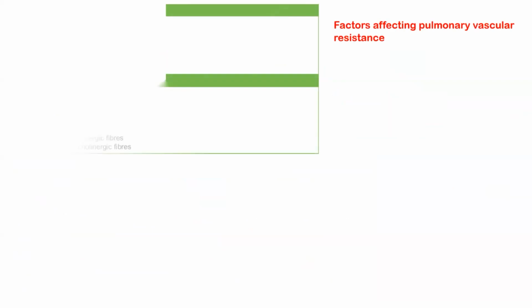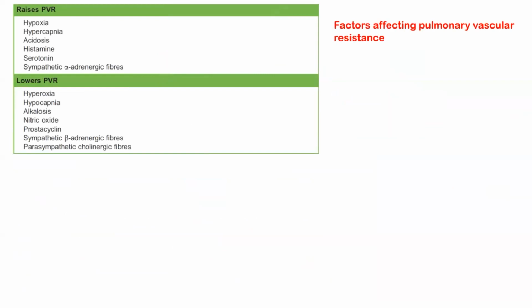And these factors will alter the pulmonary vascular resistance. So intraoperatively, we have to take care of that. Factors which raise the PVR are hypoxia, hypercapnia, acidosis, systemic release, serotonin release, and alpha activated fibers. And factors which lower the PVR are hyperoxia, hypocapnia, alkalosis, nitric oxide release, prostacyclin, sympathetic and parasympathetic cholinergic fibers.